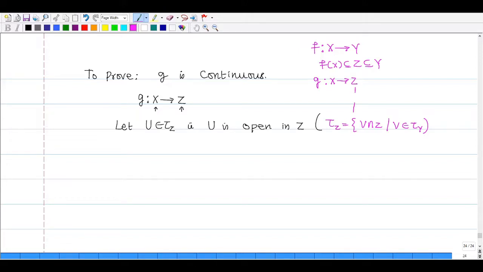That is the topology, இதுதான் என்னோட topology. Since U belongs to tau Z, then there is V belongs to tau Y such that, I may write in this way, that is, this U can be expressed as V intersection with Z.